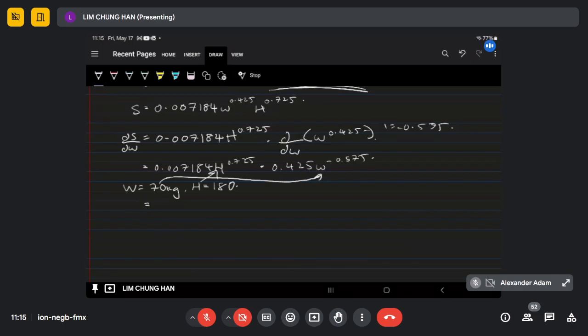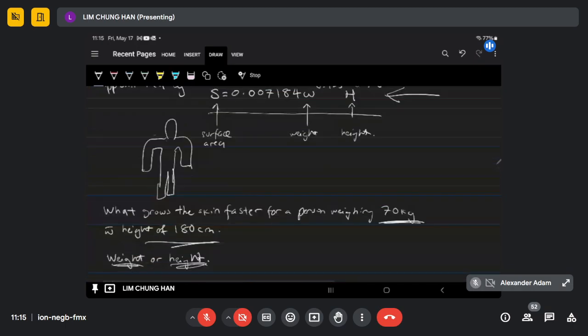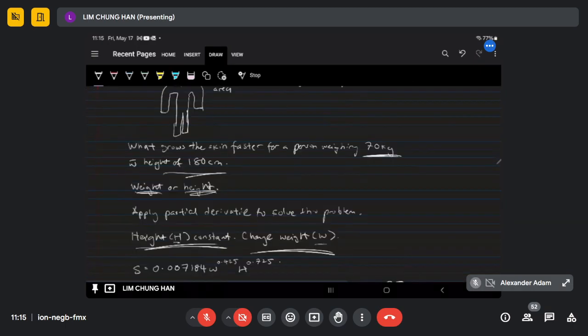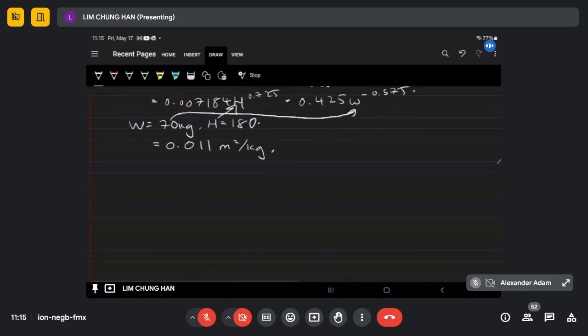What answer did you get? 0.011359. Yeah, correct. So this is in m squared per kilogram.